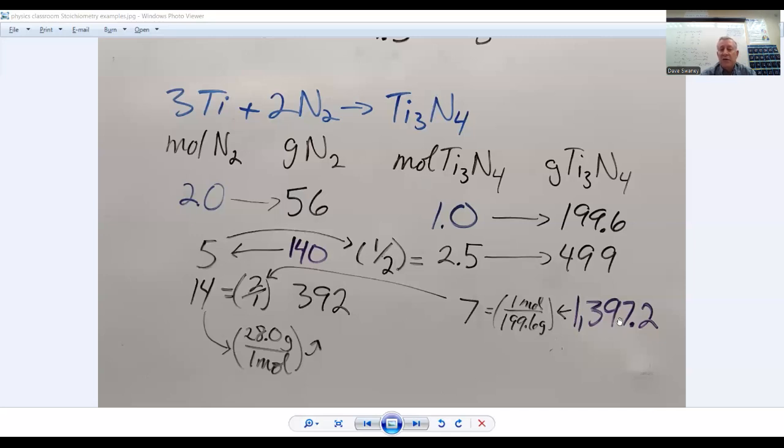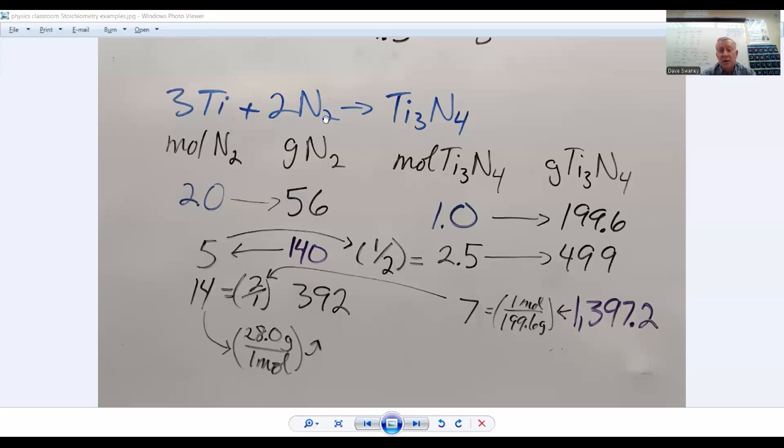Let's go to line 3. Here's my given information. I want to make this amount of grams. Okay, divide by the molar mass. Turns out you made 7 moles of it. If you make one of these, how many of those do you need? 2. If you want to make 30 of these, how many moles of this do you need?